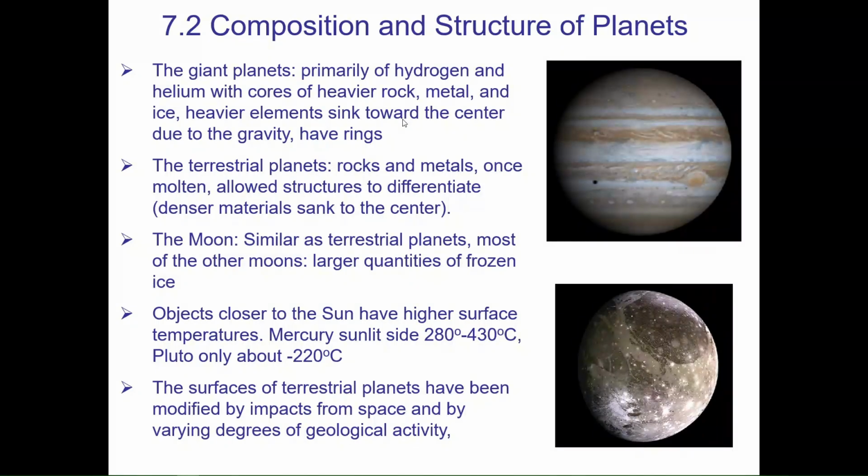And the moon we are talking about is the only moon of the Earth. We believe the moon is similar to terrestrial planets, probably made from rocky material. However, most of the other moons actually come from the outer giant planets, because they are very, very far away.